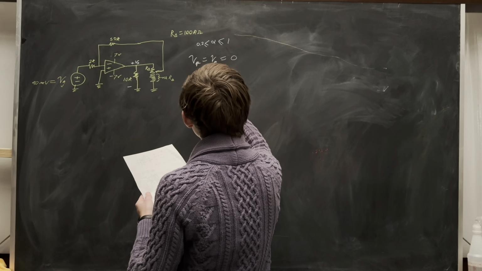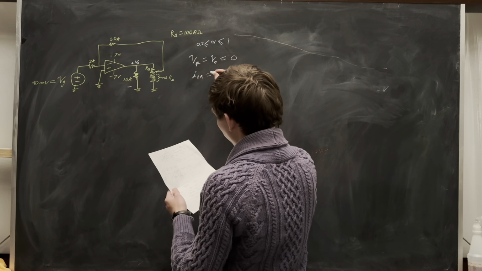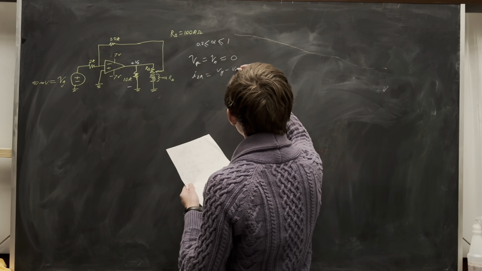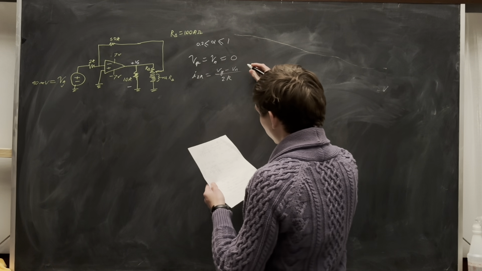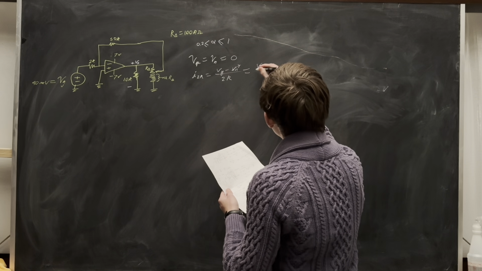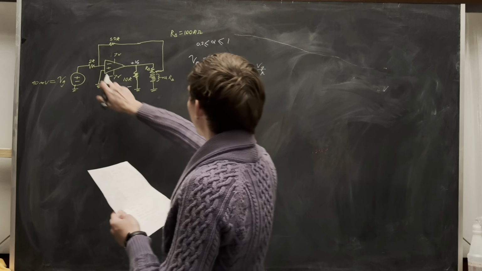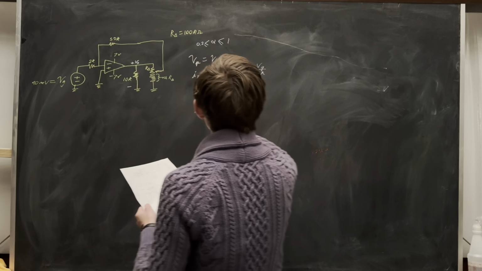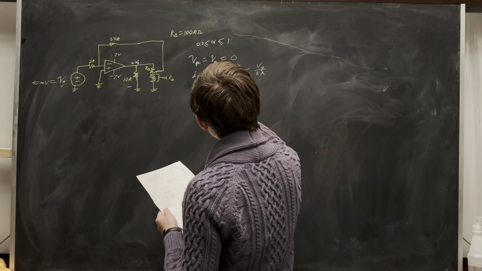Current through the 2 kilo ohm resistor here is just then Vg minus Vn over 2K. This is 0, so just Vg over 2K. Since no current is going into the negative terminal, the current through the 50 kilo ohm resistor is the same.